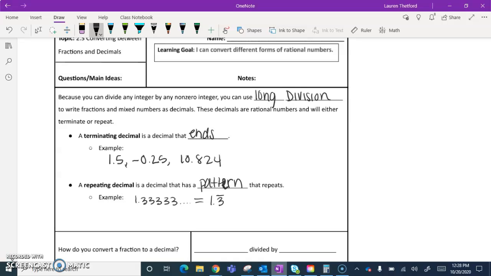Another example might be like 0.151515. So more than one number can repeat for it to be a repeating decimal. But when we write our answer, we write it in bar notation. So it would be 0.15, and since the 1 and the 5 both repeat, the bar goes above both numbers. That little line is called bar notation.